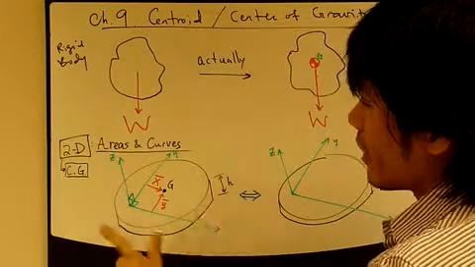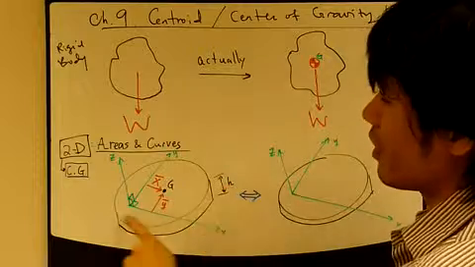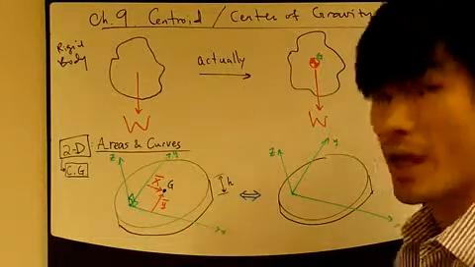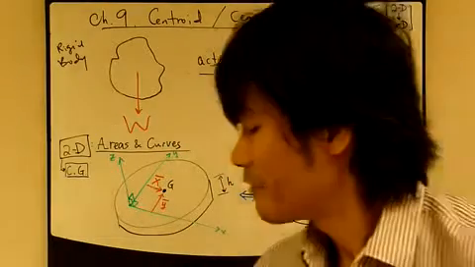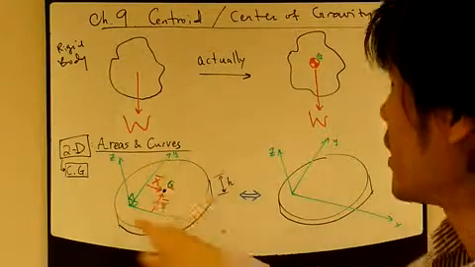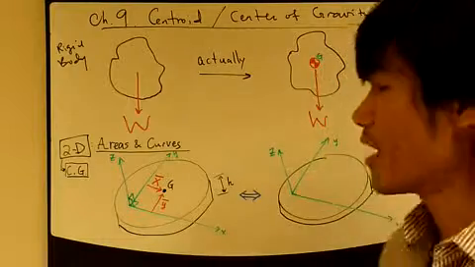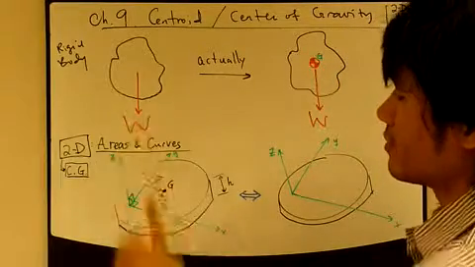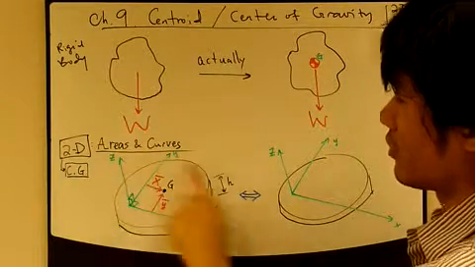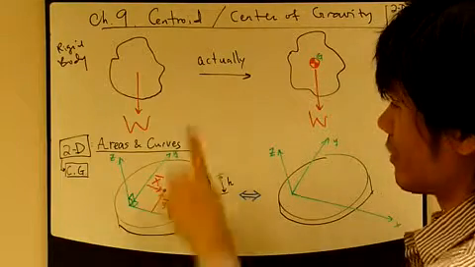Now, I would like to determine this location G of this area. I have defined the coordinate system X, Y, and Z, and this area is lying on the XY plane. So the Z axis is perpendicular to this surface right here, and this H is along the Z axis.